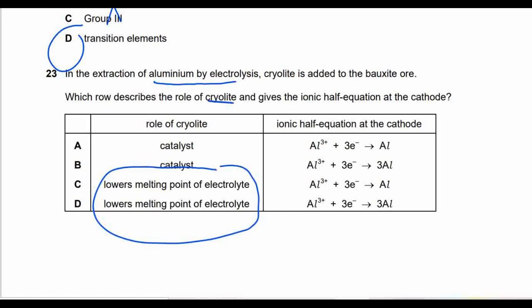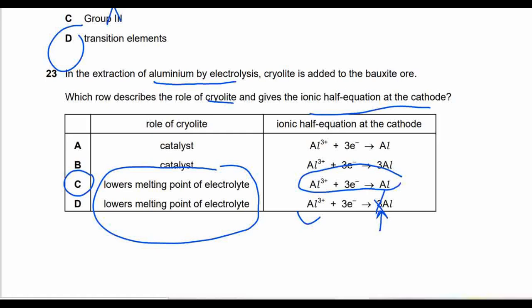We have to remember this function of cryolite. The ionic half equation at the cathode is the reduction: Al3 plus accepts electrons to become Al. We cannot put 3 because on the left there is only 1. So 23 will be C.